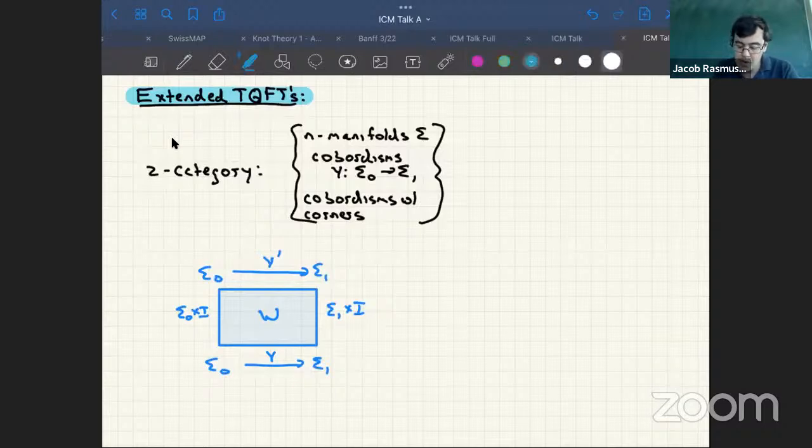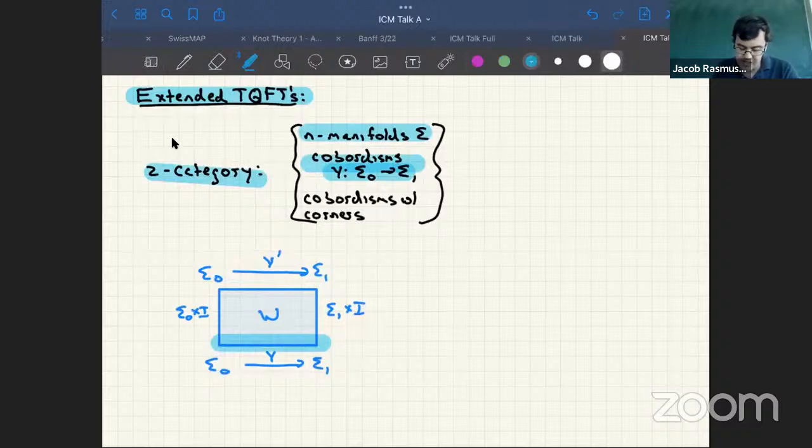Okay, so before I had a category, now I'll form a 2-category where I have n-dimensional manifolds, Sigma. The 1-morphisms in this 2-category are cobordisms, just like I had before, between two n-manifolds. So here's a 1-morphism here. And then a 2-morphism is a cobordism with corners.